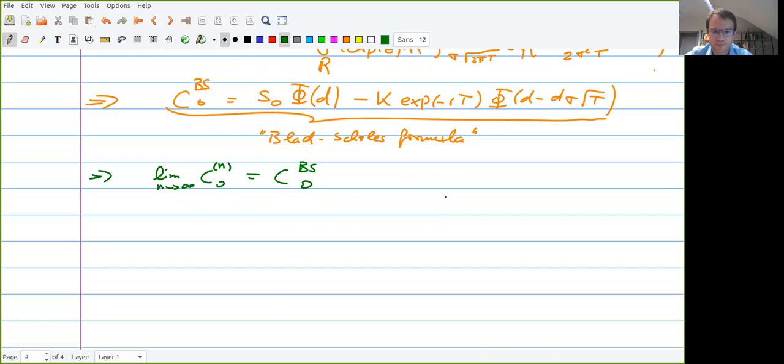And so this is more of a summary. The binomial models go to the Black-Scholes model, at least in distribution.